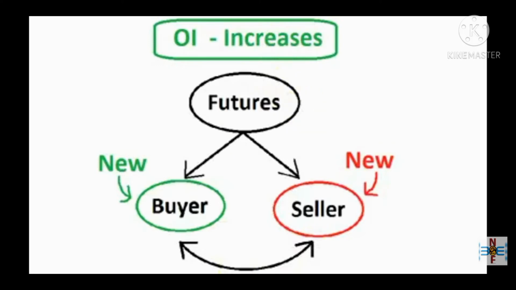Okay. And I'm just giving the example of marriage between a male and a female to make you understand the count of couples that are already there in the village, and how the number of married couples go up and come down. The same happens in open interest.